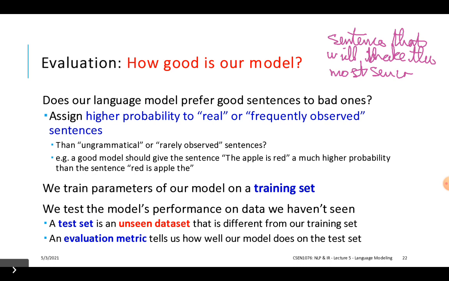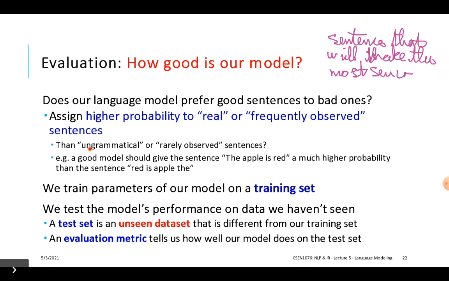So how can we translate that into something that we can measure in a computer or in programmed code? Basically, what you want is to assign a higher probability to the frequently observed sentences, or the real sentences, or the sentences that make more sense.